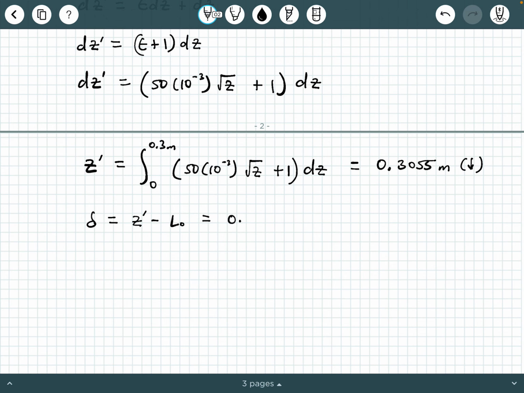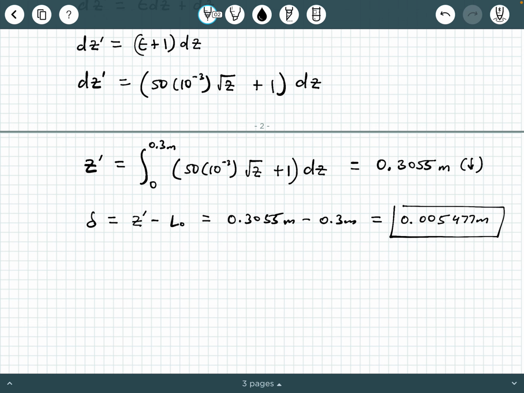And so that's going to be 0.3055 meters minus 0.3 meters. And so what do we get? We get 0.005477 meters. So that is our final answer.